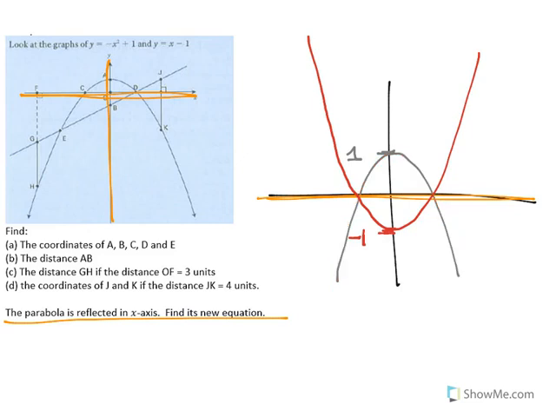So the equation is going to be y is equal to, instead of being negative x squared, positive x squared, and it's a parabola that has moved down 1 unit, so y is equal to x squared minus 1. That would be the new equation of the parabola.